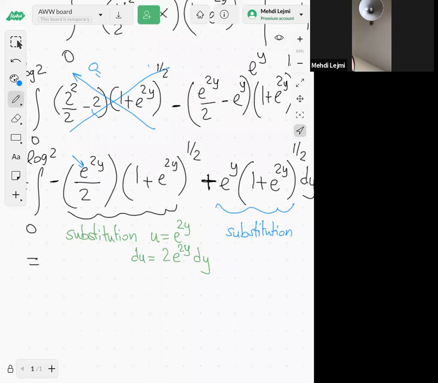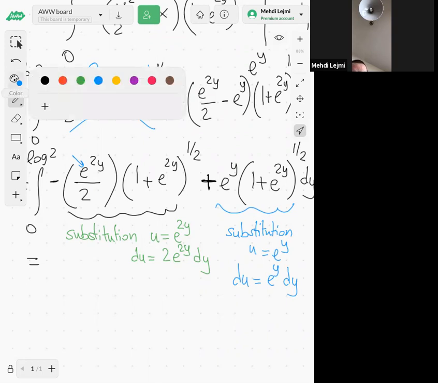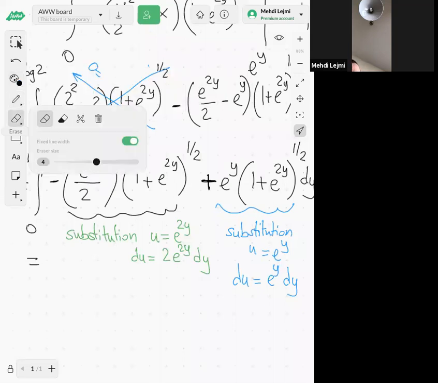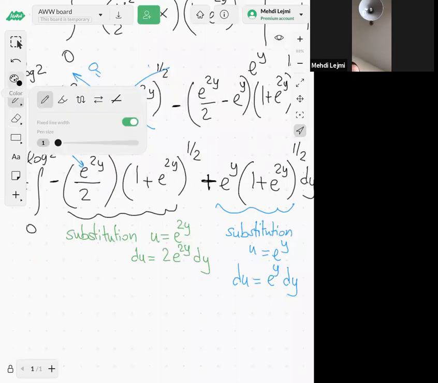You can use u equal to e to the y, right? So then du equal to e to the y dy, right? And I have the e to the y dy, right? So anyway, in both cases, we can use substitution. That will be no problem. So that's equal to, this is a very nice exercise, actually. It's not an easy one.